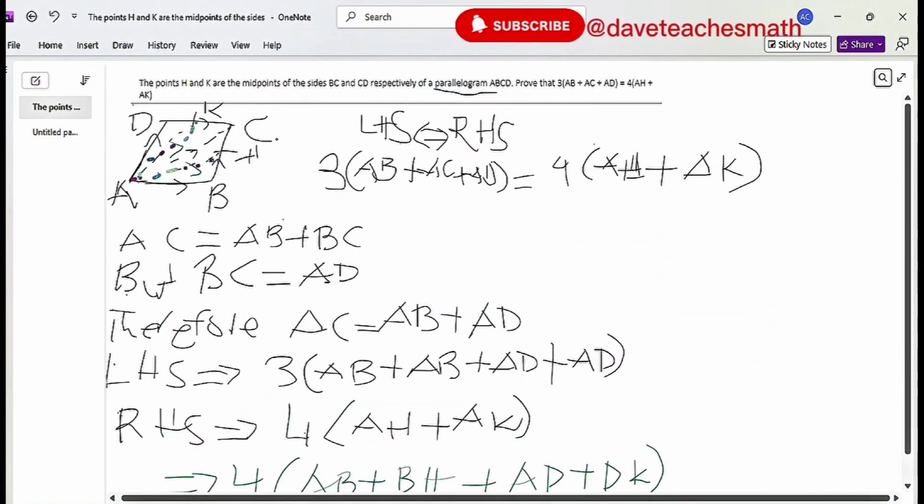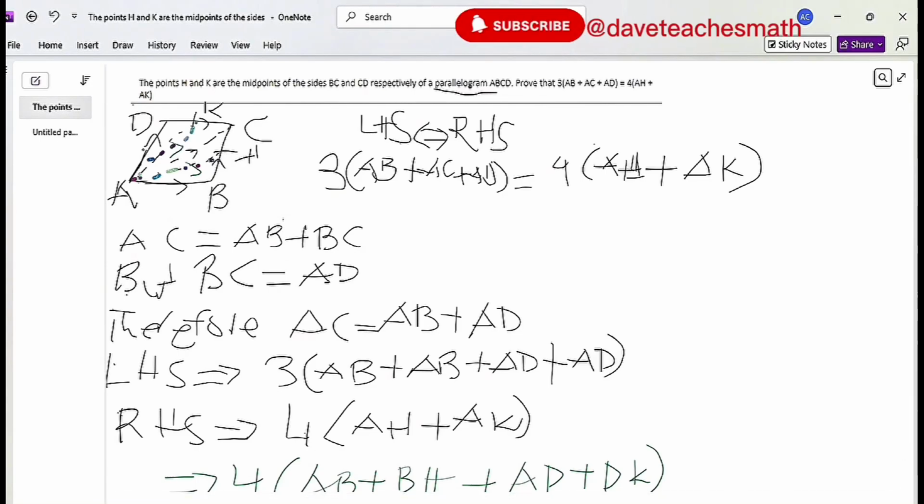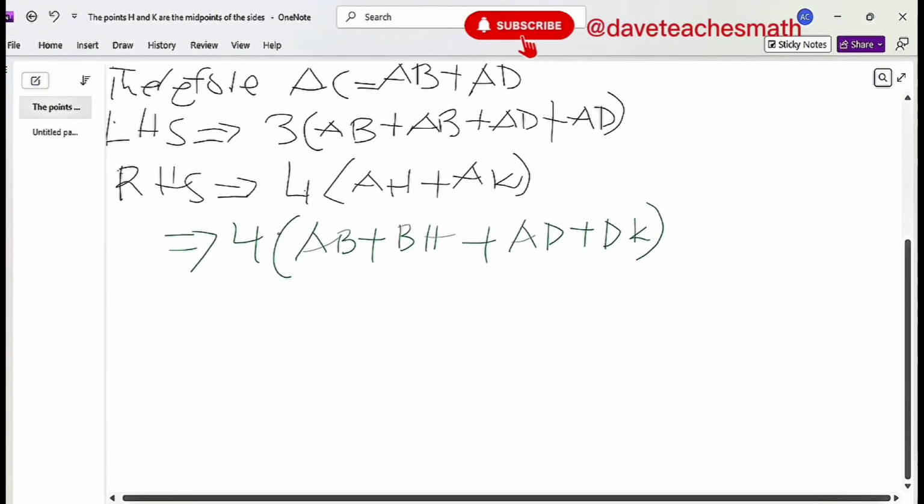We know that by the laws of parallelogram again, BH is going to be equivalent to A to this point. Let's call this point X. If H is the midpoint, then X is also the midpoint of AD. So BH is the same as AX by the laws of parallelogram.